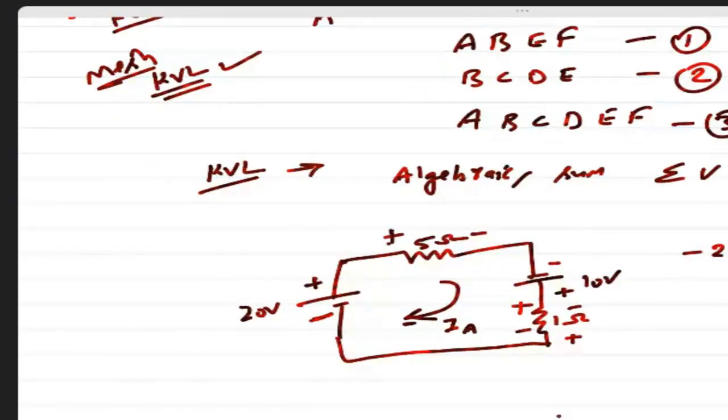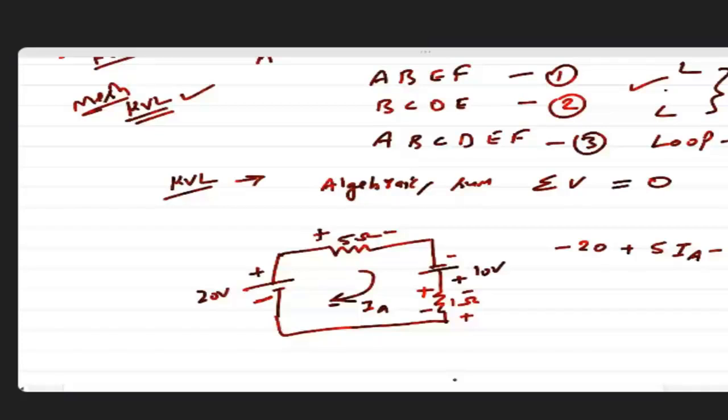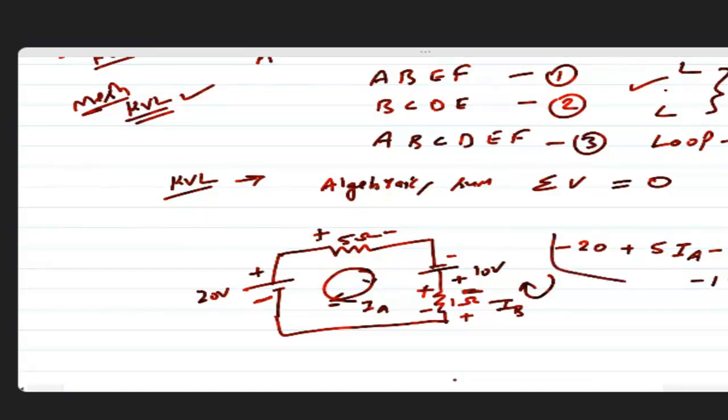And again, for this current flowing like this, the first sign is plus, and in this loop the first sign is minus, and this minus is due to IB because IB is flowing like this. So you have to write the component of this IB also with minus sign: minus 1 into IB is equal to 0. So this is your equation number 1.